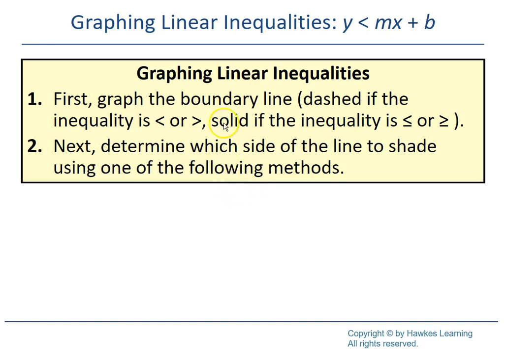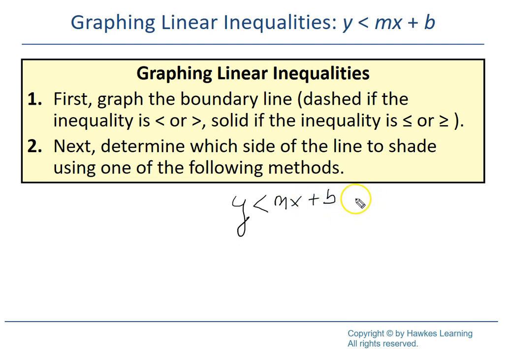So, starting part 4, we're going to be dealing with graphing linear inequalities now. And just to give a little bit of background as to what they're talking about here, we have slope-intercept form where y, let's say, is less than mx plus b.